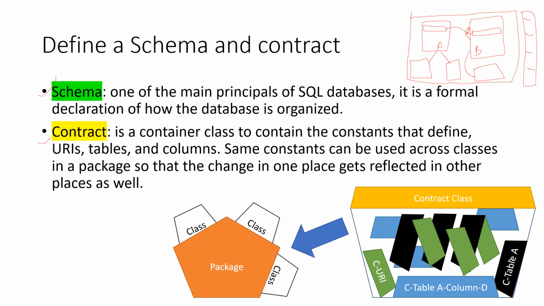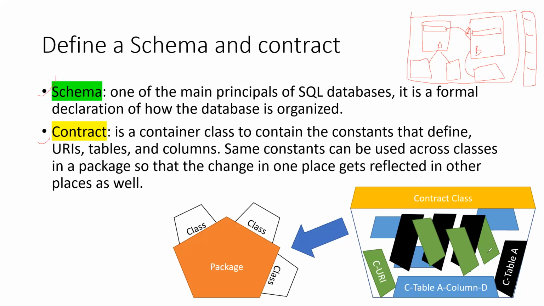There could be many tables, that's why I have written down multiple black things. Just imagine that a black thing represents a constant that represents a table. These blue things represent constants that relate to the columns, and these green things are used for representing constants that represent URIs.